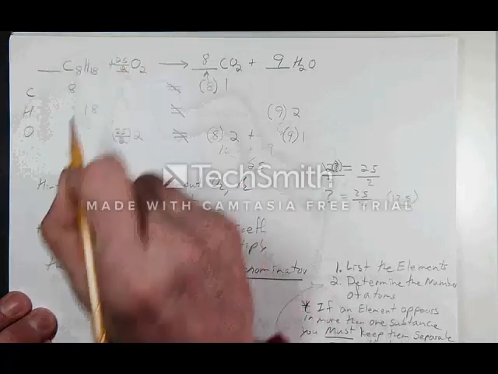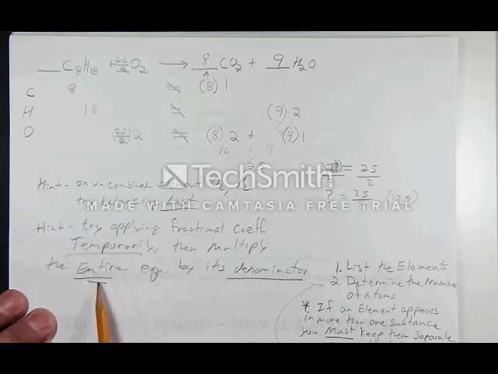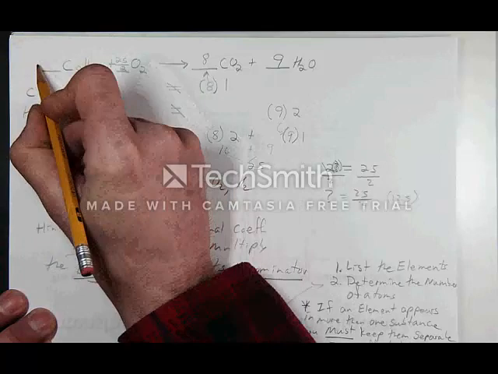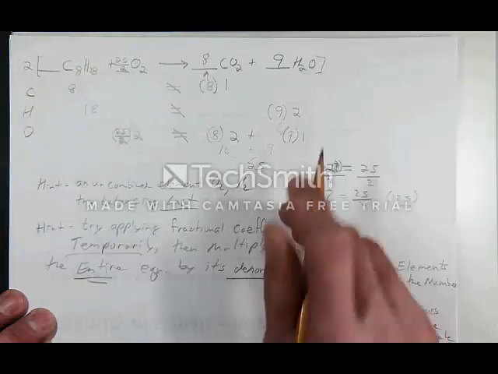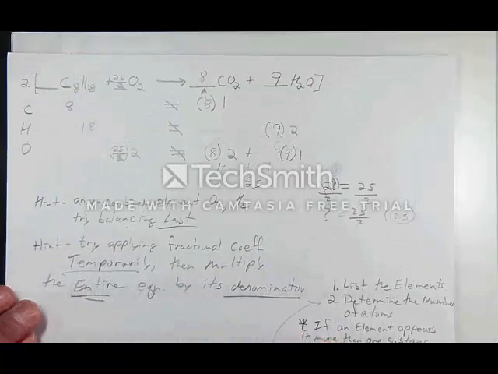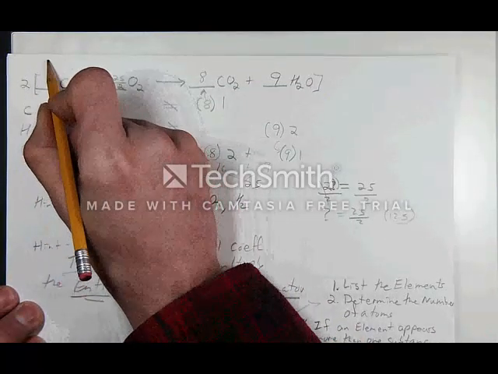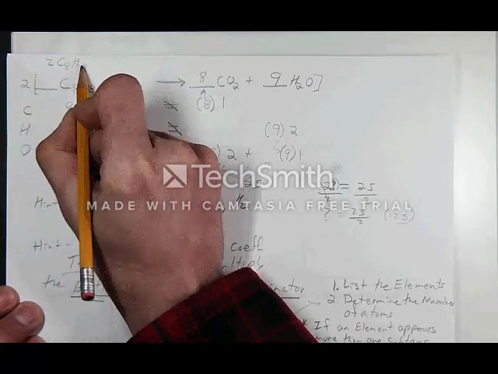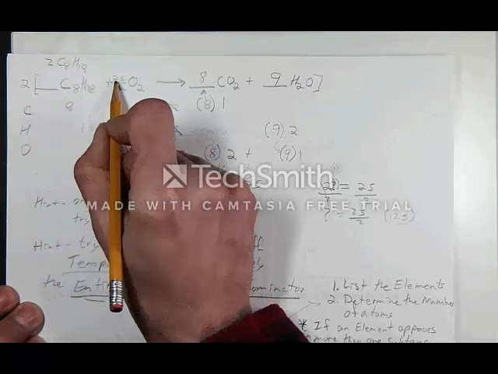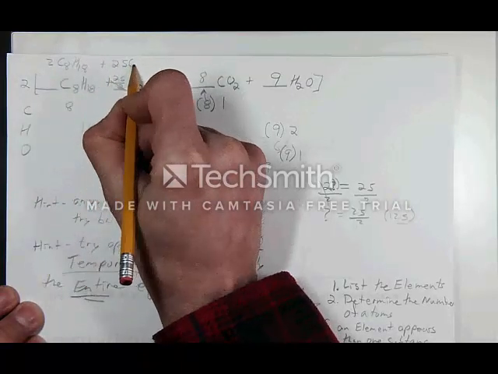Apply the fractional coefficient 25 halves temporarily, and we're going to multiply through by the denominator, which is 2. But we have to multiply the entire equation through by this denominator. So what we get is 2 times C8H18, I'll write that up on top, 2C8H18. 2 times 25 halves, the 2's cancel, and I get 25 oxygens.